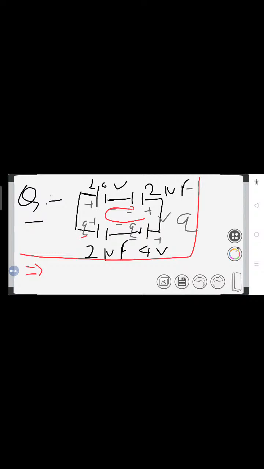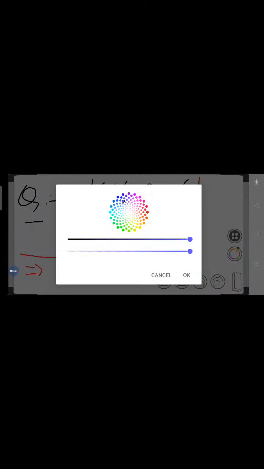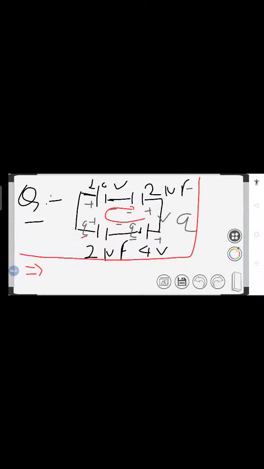We take the sign of the terminal from where the loop is going. For example, if we are applying loop law in the anti-clockwise direction like this, I will take the sign of this terminal. When we go to this capacitor, we will take the rightmost terminal.